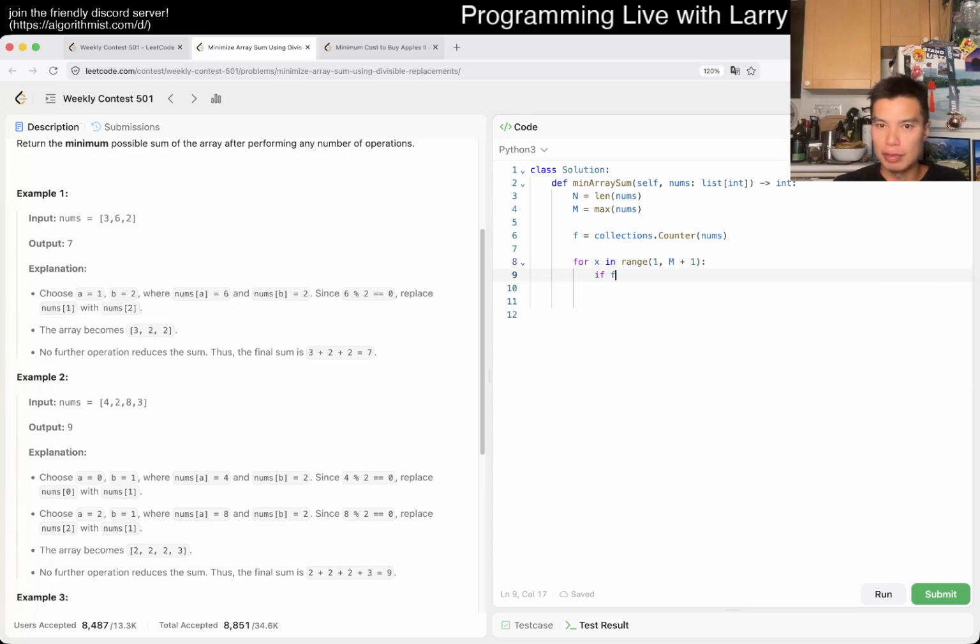Then if f of x is equal to x, no, that's not right. If f of x is greater than 0, then what happens? Then now we go y is equal to x times x, plus x times 2 is fine. And then now while y, right? Is it equal to? I think it's equal to.